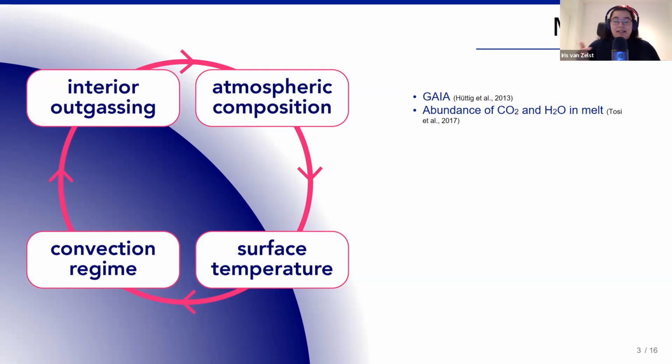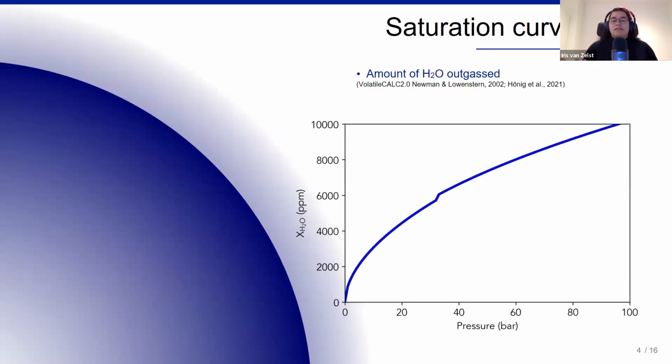And then I'm calculating also how much of that carbon dioxide and water in the melt is actually outgassed, because sometimes the atmosphere is already saturated with a specific species and it doesn't want to outgas anymore after the melt. In order to show you what I mean by that, I implemented the saturation curves, from VolatileCalc 2.0 by Newman and Lowenstern, 2002.